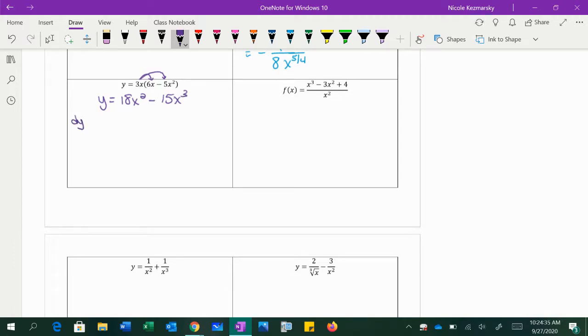So then dy dx is going to be 18 times 2x to the first minus 15 times 3x squared. So that's going to be 36x minus 45x squared.